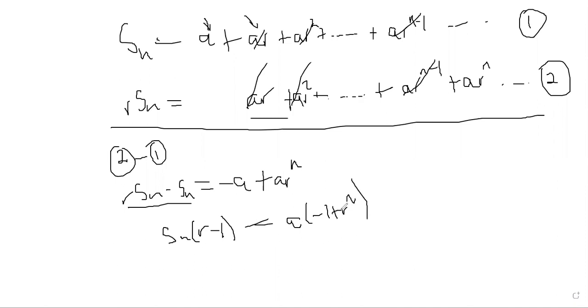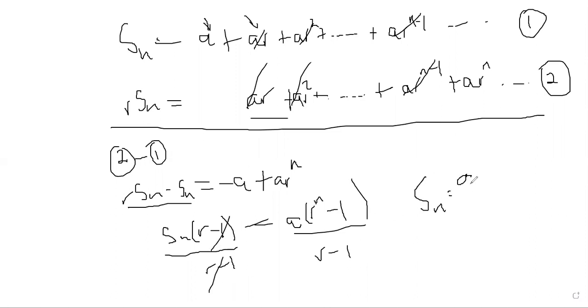But we can write it in this form, so it will be R to the power of n minus 1, right? It's that easy. So from here, what do we do? Because we want the sum, we have to divide by R minus 1. So the final answer will be the sum of nth term is equal to A, R to the power of n minus 1 in brackets, all over R minus 1, right?